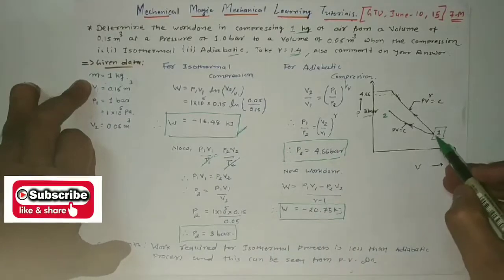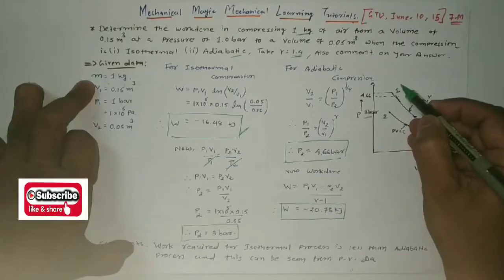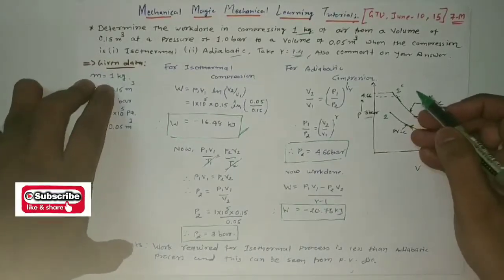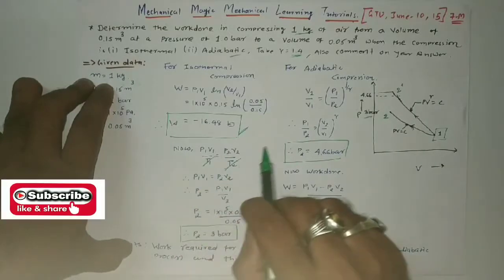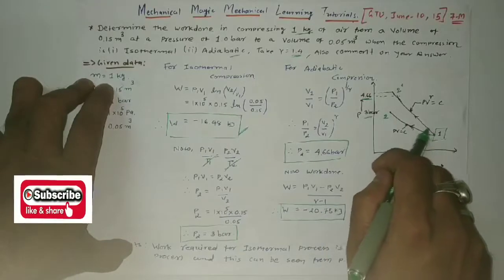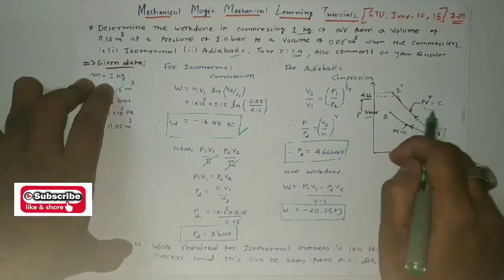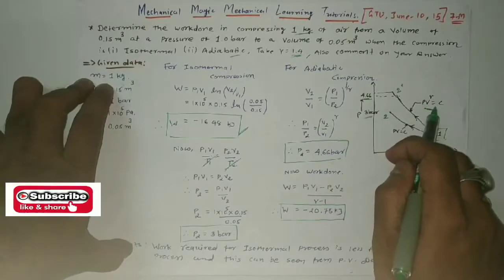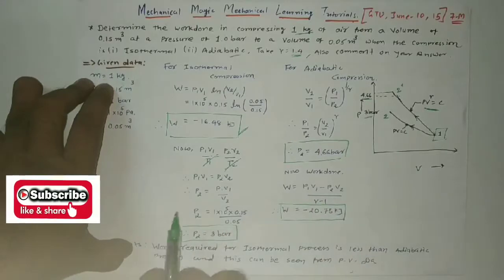So similarly, point number 1 to here, point number 2 dash, and that will be for the second point of the adiabatic process. So that will be having a higher pressure. So here 1 to 2 dash compression. So it should be said that PV raised to gamma equal to constant, or you can say adiabatic compression process.